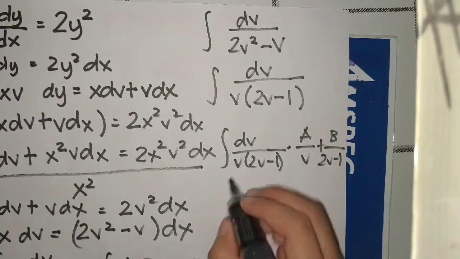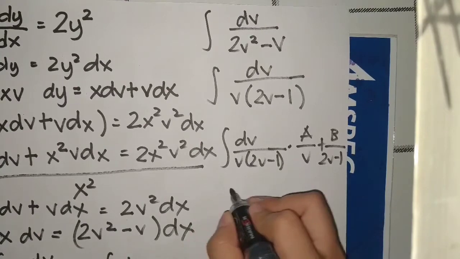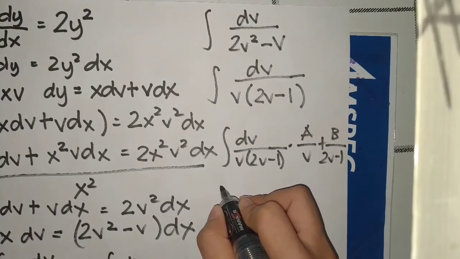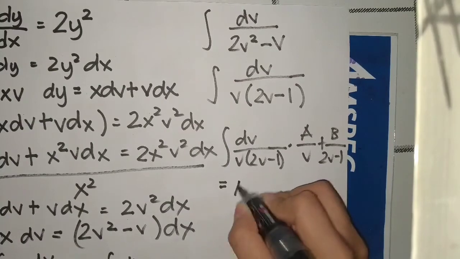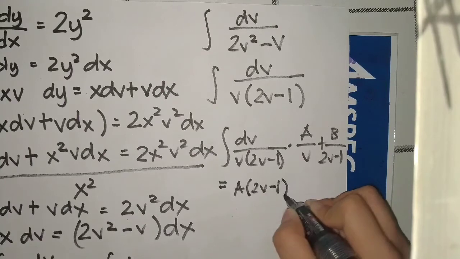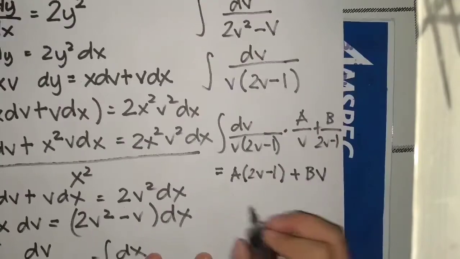So let's proceed with simplification. So we will have A multiplied by 2v minus 1 plus B multiplied by v.